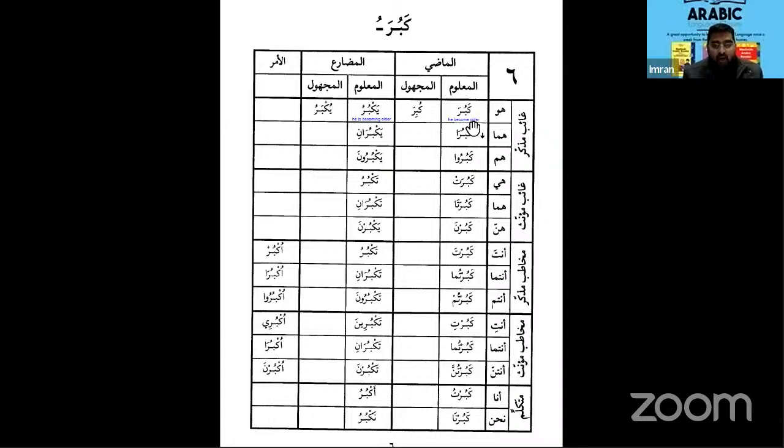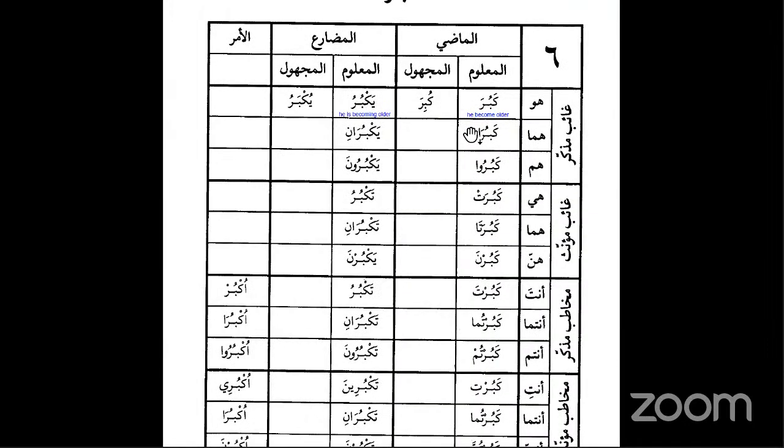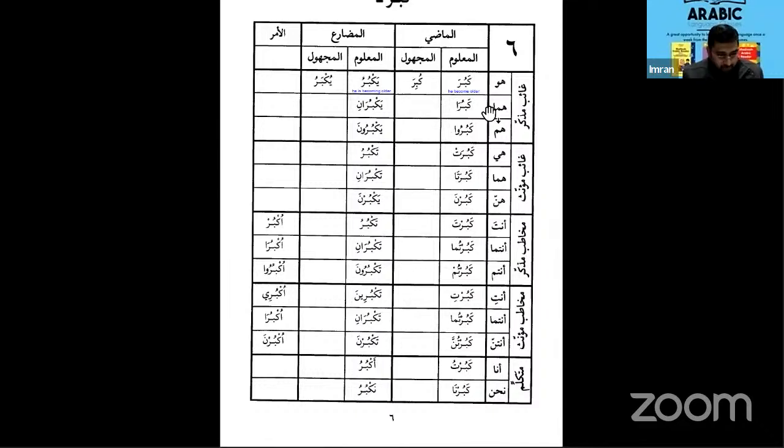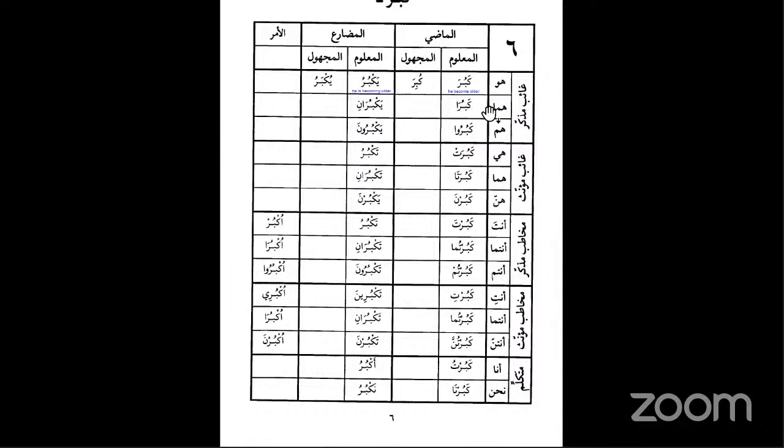So it's kabura. This one here is coming with a dhamma, kabura. I would like you to conjugate kabura. It's past tense, which means he became older. Okay.